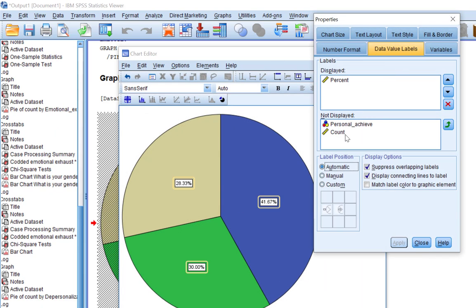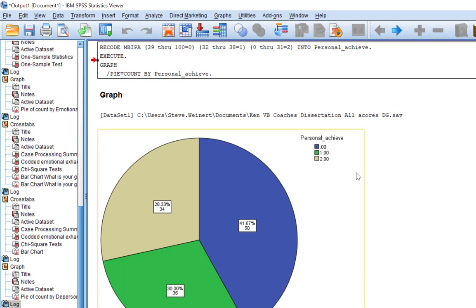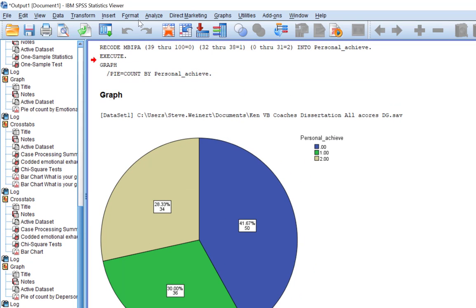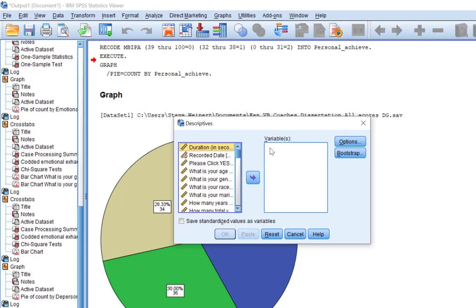On the other hand, a high PA score and low EE and DP scores reflect a low level of burnout. Average scores on all three subscales represent an average level of burnout. All right. So the crosstab should show that. So we go to analyze, descriptive statistics, descriptive.